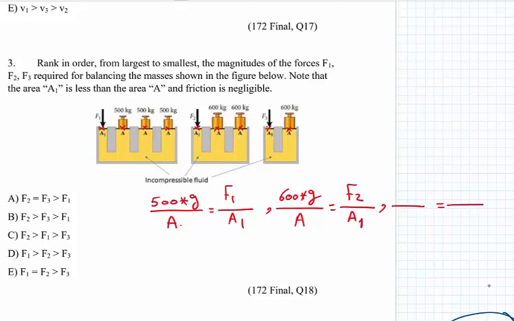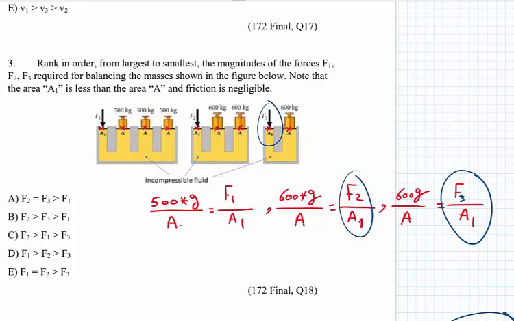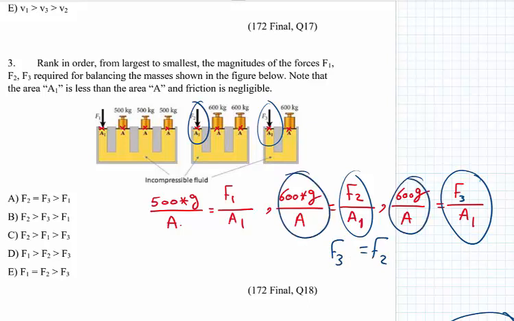The pressure on both sides is equal. So 600 kilograms times g divided by area A equals the force F3 divided by A1. So F3 divided by A1 equals F2 divided by A1, so I would say F3 equals F2 because the other side is the same.